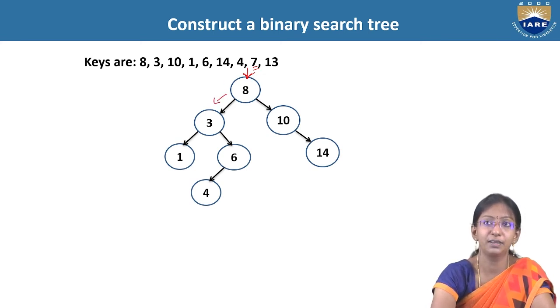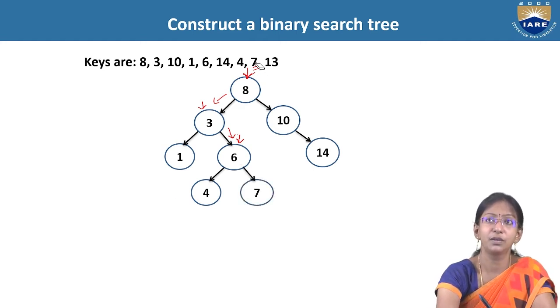So, left hand direction. Compare with 3. Greater than 3. So, right hand side direction. Greater than 6. So, right hand side direction. As 6 is not having any right child, introduce that as a new right child. Okay. This is how 7 is inserted.